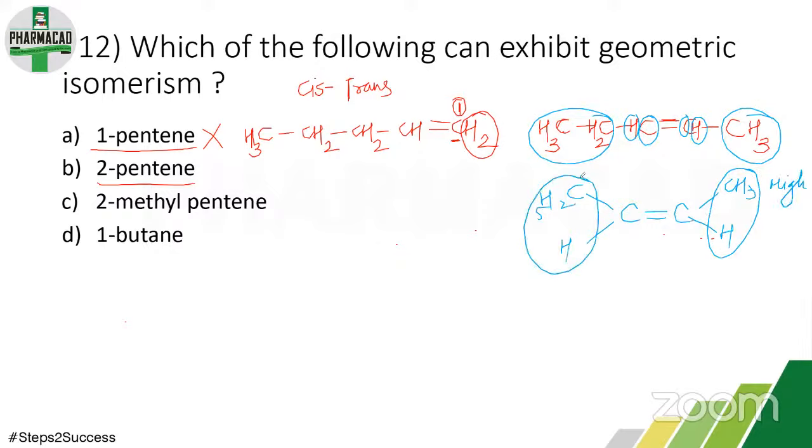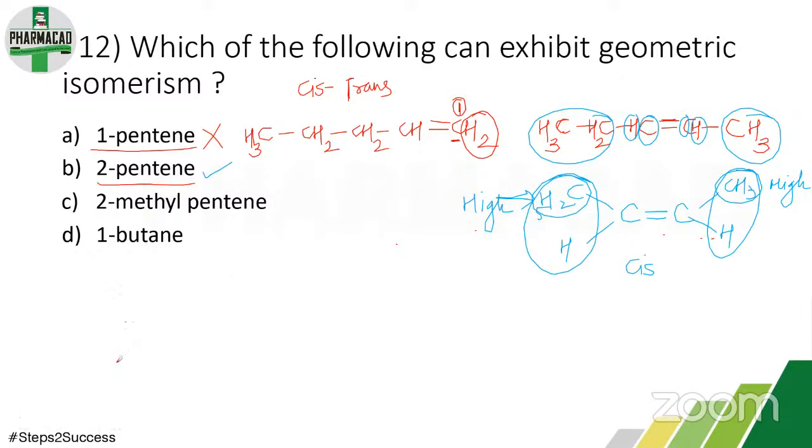If you talk about these two, this one has higher priority. So these two are on the same side. It means that this has cis geometric isomerism. So geometric isomerism is possible in case of 2-pentene.